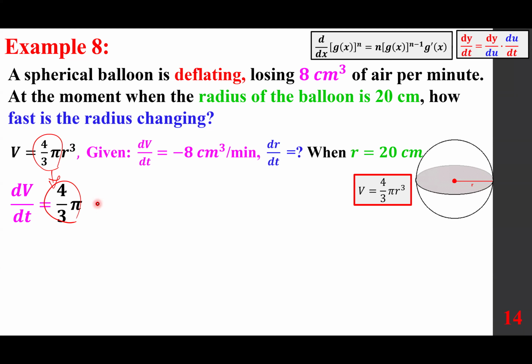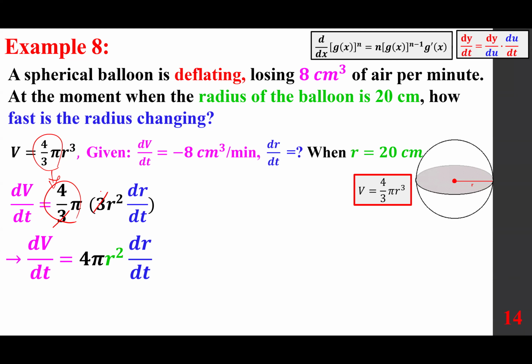So r cubed, 3r squared dr dt. And it simplifies to 4 pi r squared dr dt. We can solve for dr dt, or we just plug in, meaning dV dt will be replaced with negative 8 and r with 20.